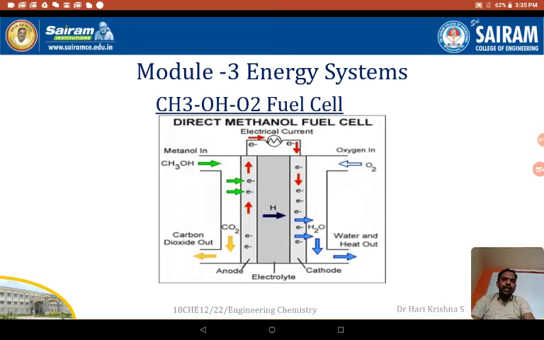The electrodes, anode and cathode, are made up of nickel coated with platinum and palladium. The electrolyte is sulfuric acid. Methanol is circulated at the anodic chamber, whereas pure oxygen is passed through the cathodic chamber. Methanol and oxygen are stored separately in separate tanks under high pressure and at different temperatures.